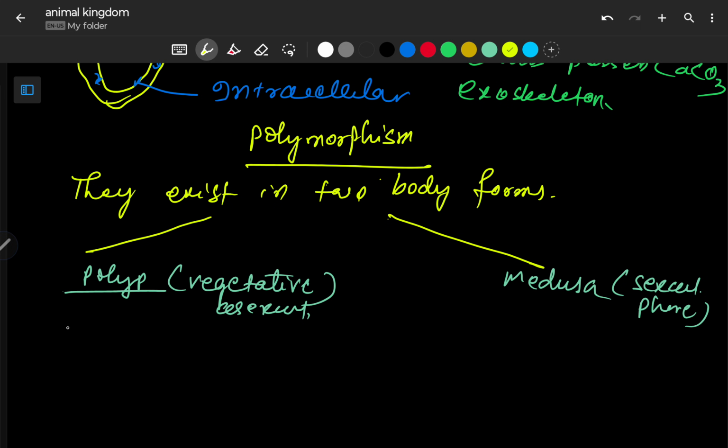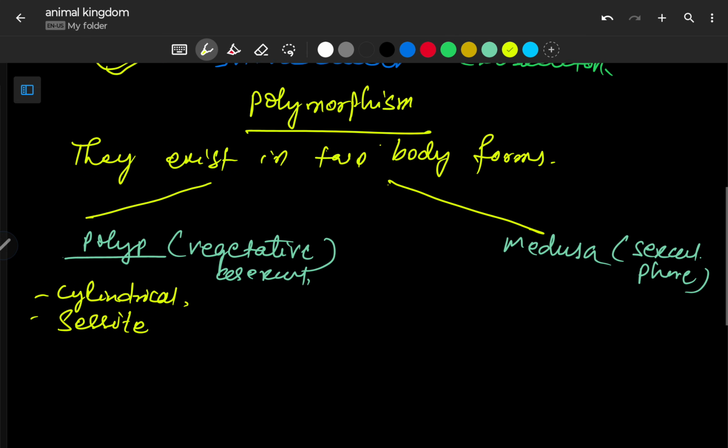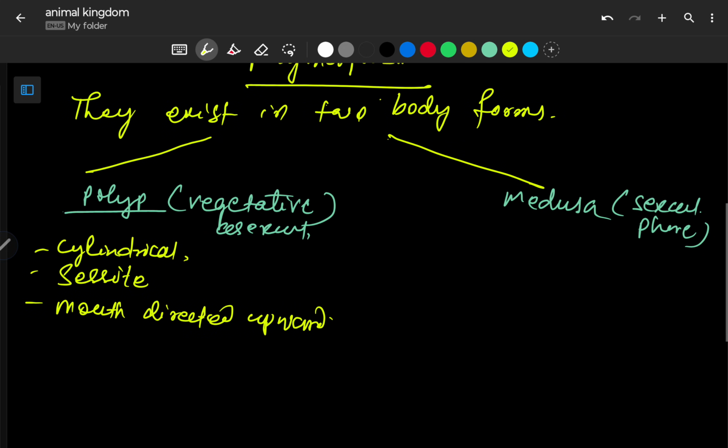The polyp are cylindrical, sessile, means attached to the substratum, and mouth directed upward. ऊपर की तरफ उसका माउथ फेस करता है. फॉर एग्जाम्पल जैसे हाइड्रा में आपको दिखा चुकी हूँ. Example is Hydra and Adamsia.